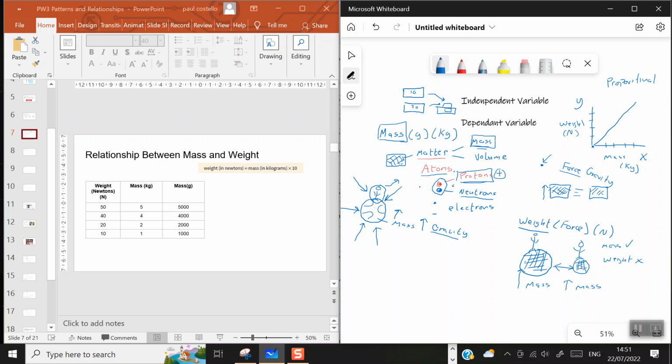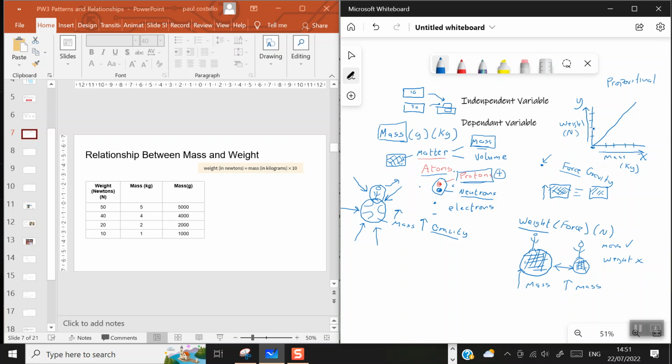So you're going from 0, and as you move across the x-axis from here to here, you're going from small to big. As you move up along the weight in newtons scale, you're also going from small to big. And what you notice is that as you increase the force, or the weight, the mass gets bigger.